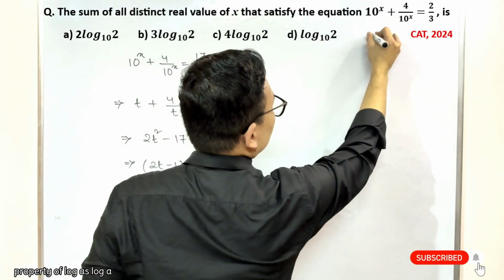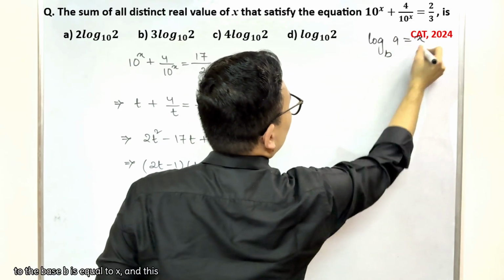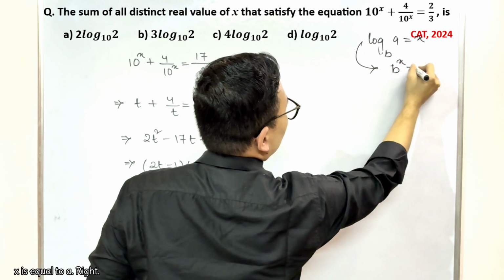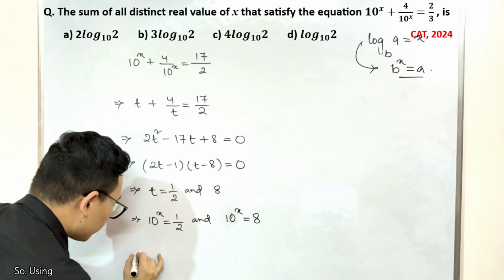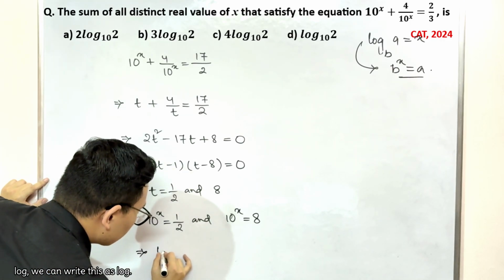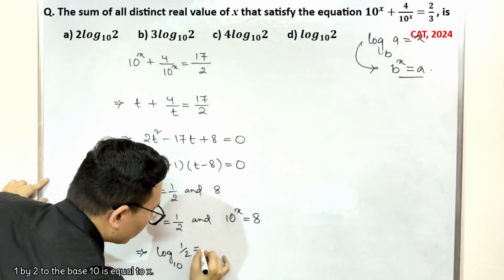We have a property of log: log a to the base b is equal to x can be written as b to the power x is equal to a. So using log, we can write this as log 1 by 2 to the base 10 is equal to x.